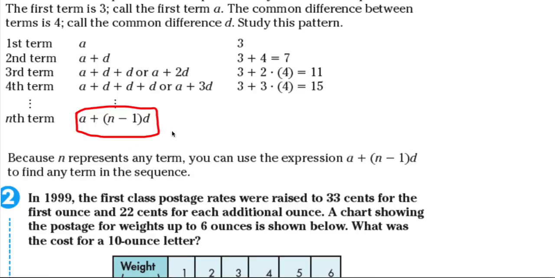Because n represents any term, you can use the expression A plus n minus 1, in parentheses, multiplied by D to find any term in the sequence.